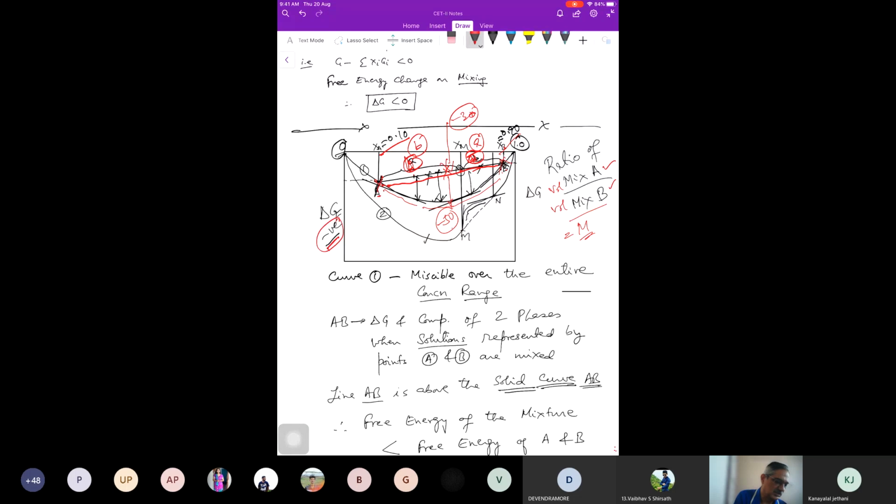So this is -50, this is -30. तो मिक्सचर का क्या हो जाएगा? डेल्टा जी क्या हो जाएगा? -30, सॉरी, -30 माइनस ऑफ -50, पॉजिटिव हो गया क्या? नहीं -50 नहीं होगा, सॉरी.